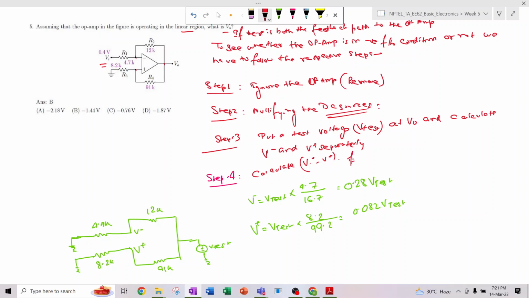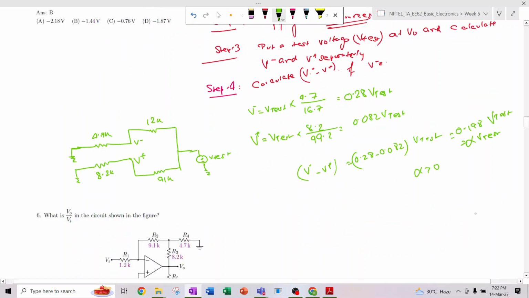V minus minus V plus is nothing but 0.28 minus 0.082 times V test. So 0.28 minus 0.082 is 0.198 V test. If we consider it as alpha V test, then alpha is greater than 0.